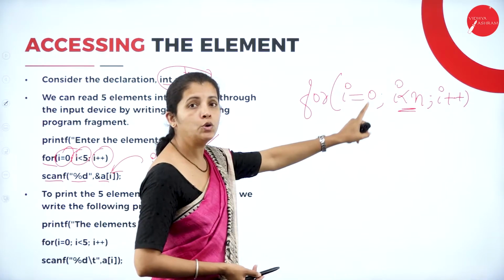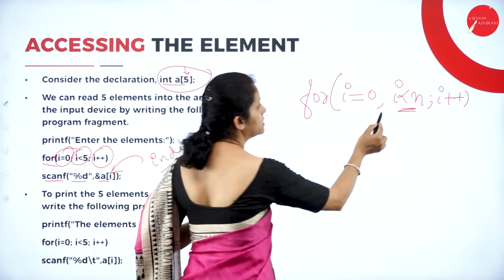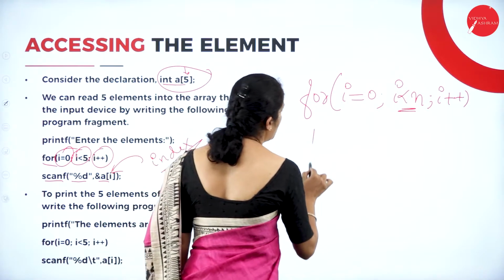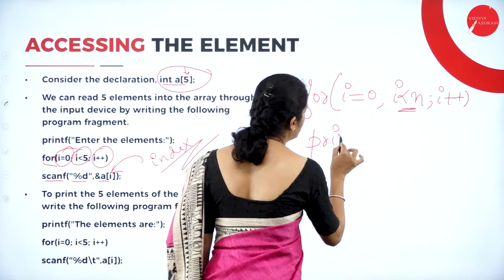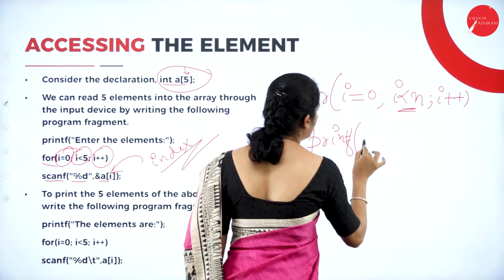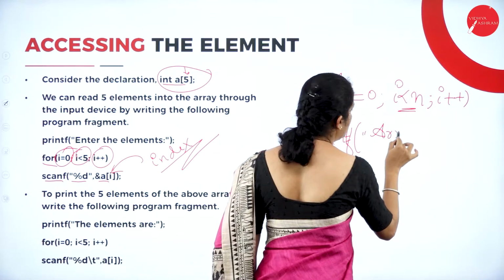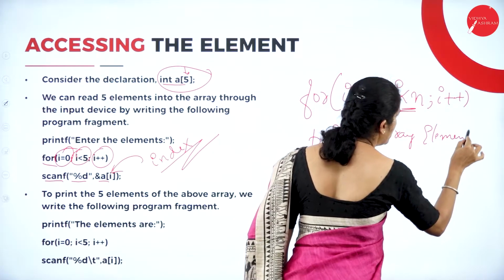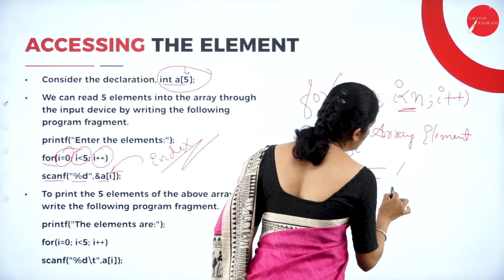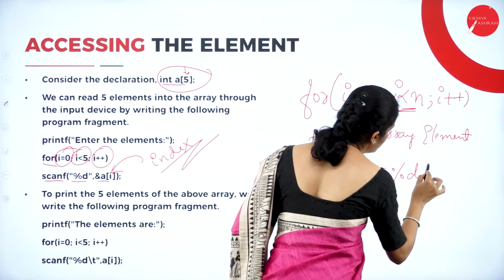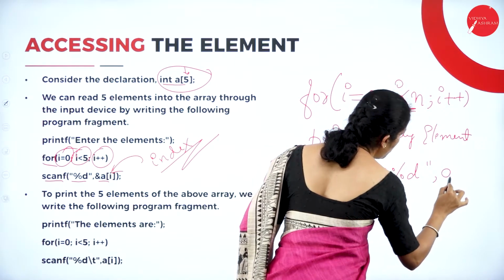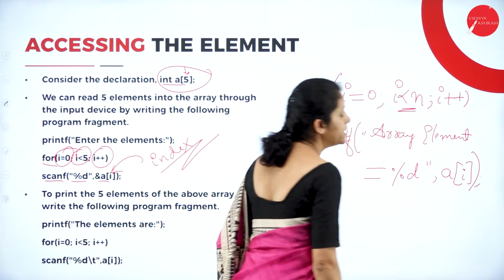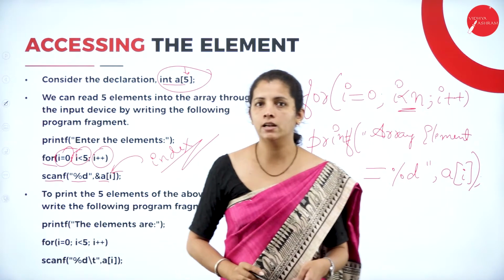So 0 to n minus 1, for that reason it is I less than n. Now I'm going to use printf array element equal to %d a of I. So this is the way I can display the array element.